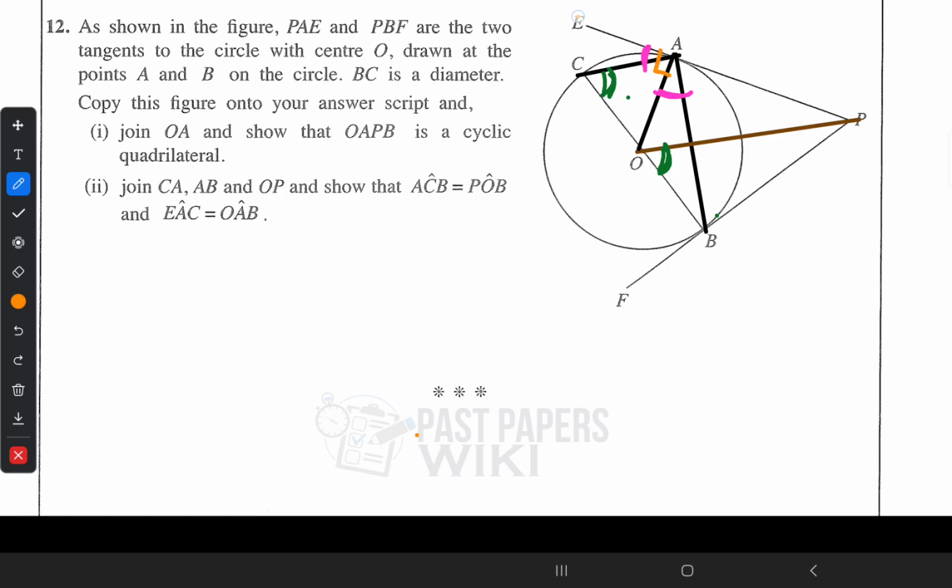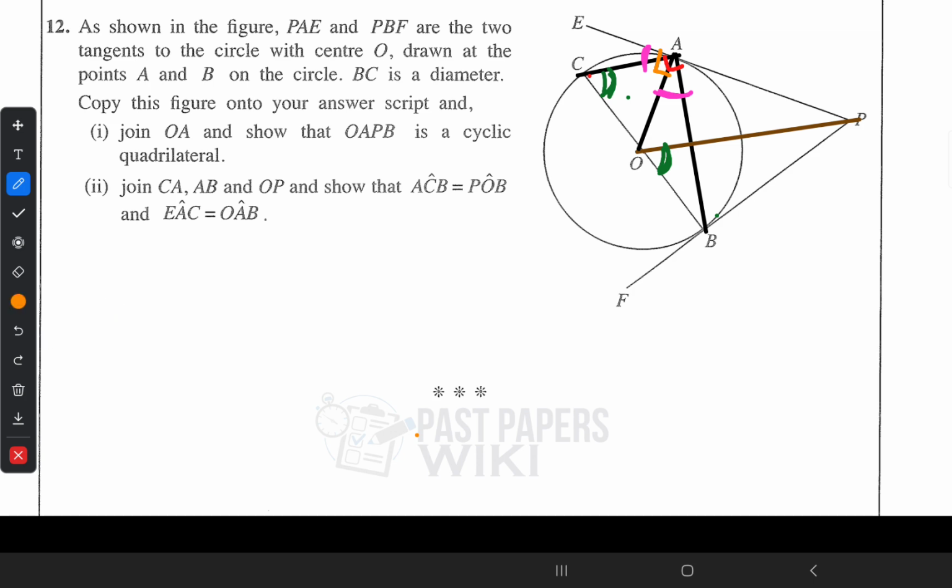Similarly, think about this triangle on the semicircle. When a triangle is subtended on the semicircle, that will create a right angle as well. The thing is easy, not difficult.